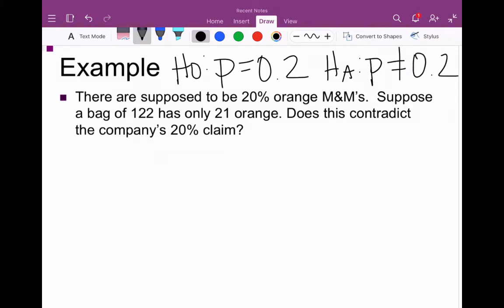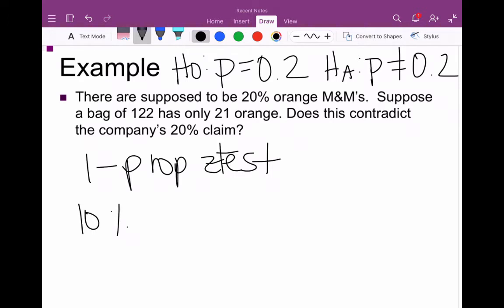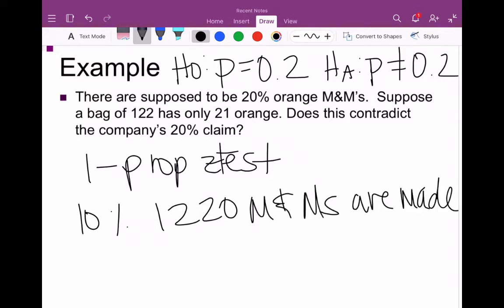Then we move on to the next step, which is to state that we're going to do a one proportion z-test, and then check the conditions that allow us to do this test. So plausible independence. It seems that from bag to bag, they would be independent. We have our 10% condition. As long as more than 1,220 M&Ms are made, then we're good to go.